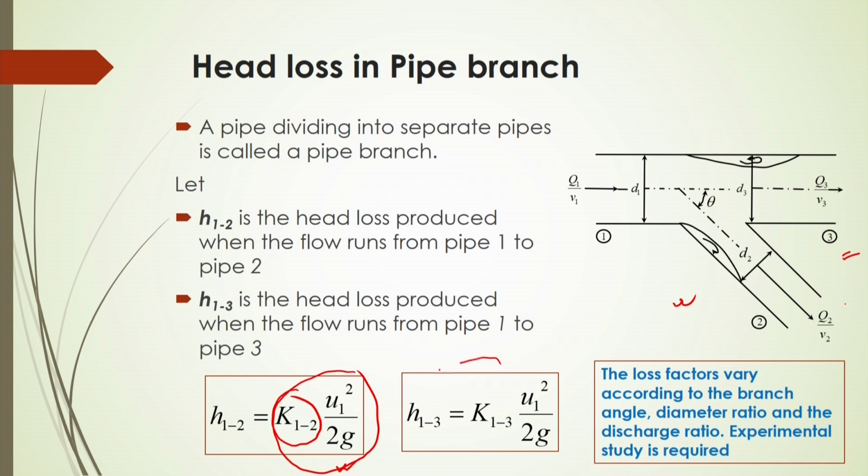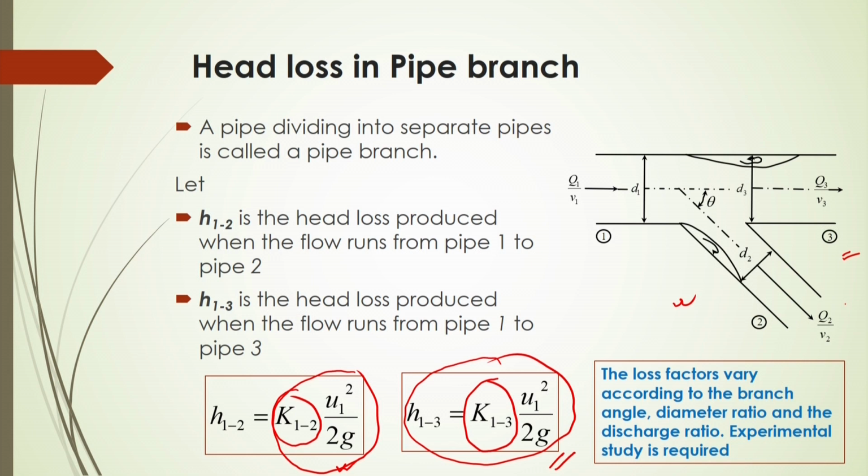And similarly, for the pipe branching from 1 to 3, the head loss H13 equals K13 u1 squared by 2g. Here also we get a minor loss coefficient, denoted by K13.